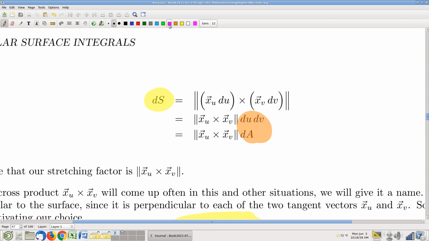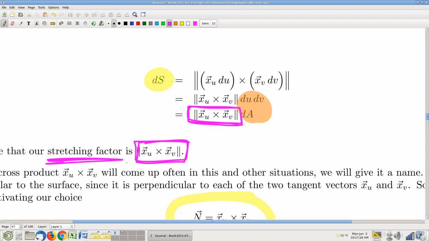That stretching factor is that thing right there. It's the magnitude of xu cross xv. Everybody on board? I'd say it's change of variables all over again, with this one twist that we have to use a slightly different formula to compute the area of the parallelogram. Other than that, it's change of variables.